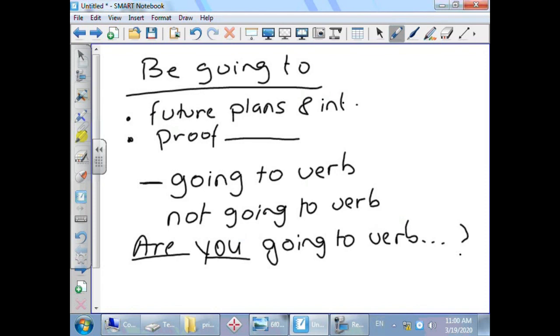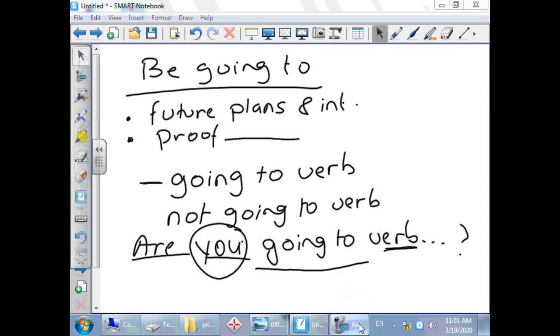So for example, are you going to stay? Or for example, is he going to stay? So we use verb to be, and then the pronoun, and then going to, and the verb. Now, what are the keywords? We have some keywords. For example, tomorrow, in the morning, afternoon, this week, weekend, and so on. Okay, let's start answering the questions.